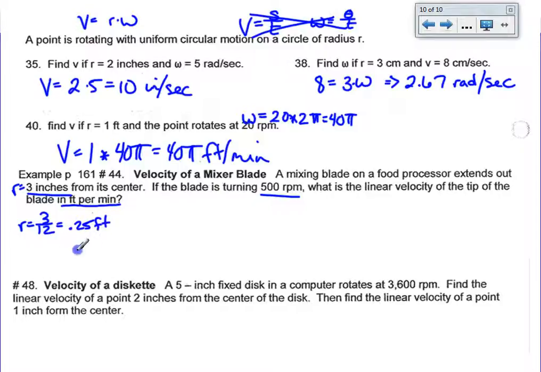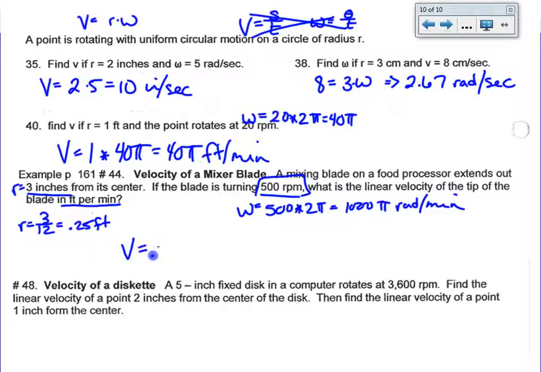So now when I think about using, we gotta do a little conversion here. Our angular velocity is 500 rotations per minute times 2 pi, so that would be 1,000 pi radians per minute. So now when I want to find, let's see, what was it again? Linear velocity.